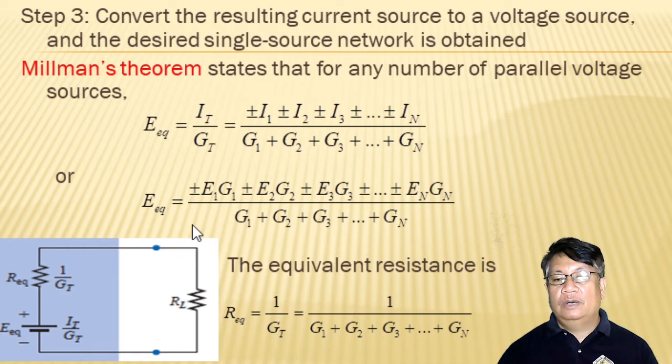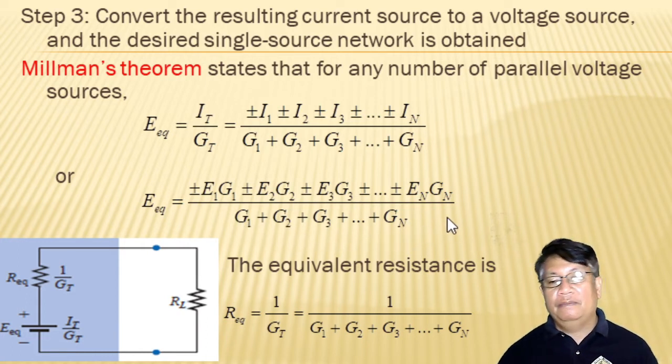Or it could be written in this manner: plus minus E sub 1 times G sub 1, that is equivalent to I1 here, or plus minus E sub 2 G sub 2 plus minus G sub 3 times E sub 3, up to E sub n times G sub n, all over G sub 1, G sub 2, G sub 3 up to G sub n.